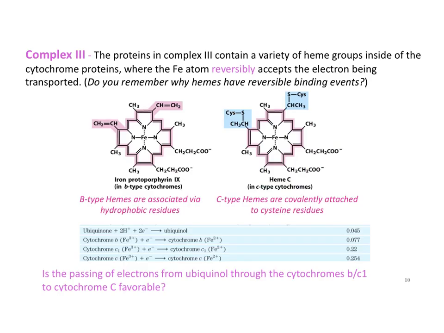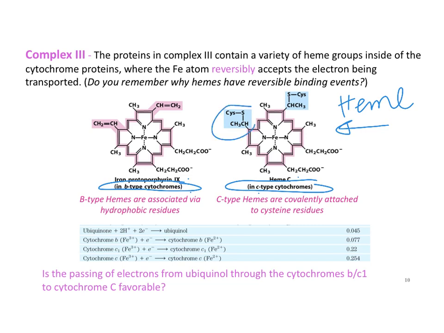Okay, so complex 3 has a bunch of cytochromes in it. It has Cytochrome B and it has Cytochrome C. And I wanted to point out again that these are hemes. The hemes are inside of the cytochromes. And we have a couple different flavors of the hemes. So heme C is in C-type cytochromes. This iron protoporphyrin 9 is in B-type.